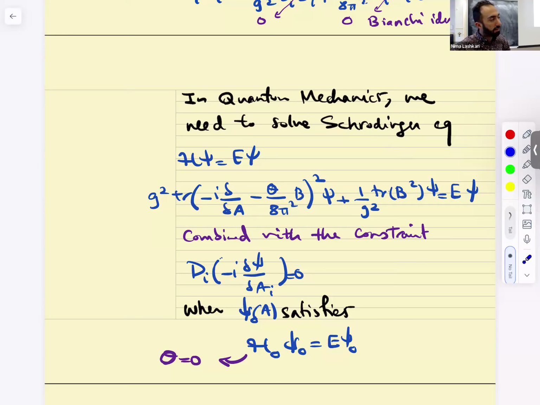This is the Hamiltonian, combined with the constraint that was this. Now, here's what happens.